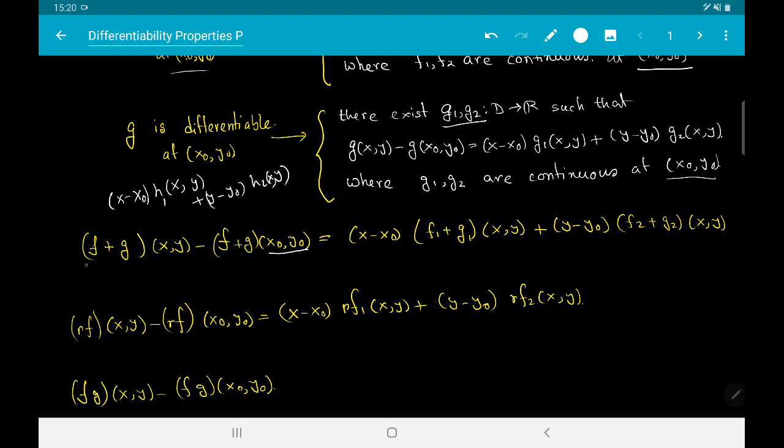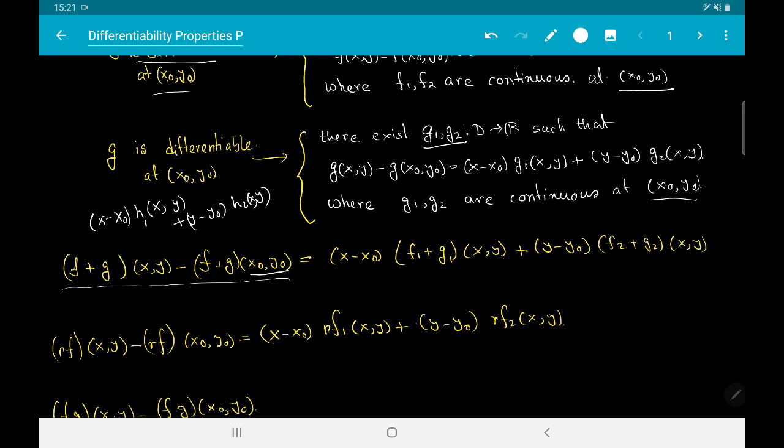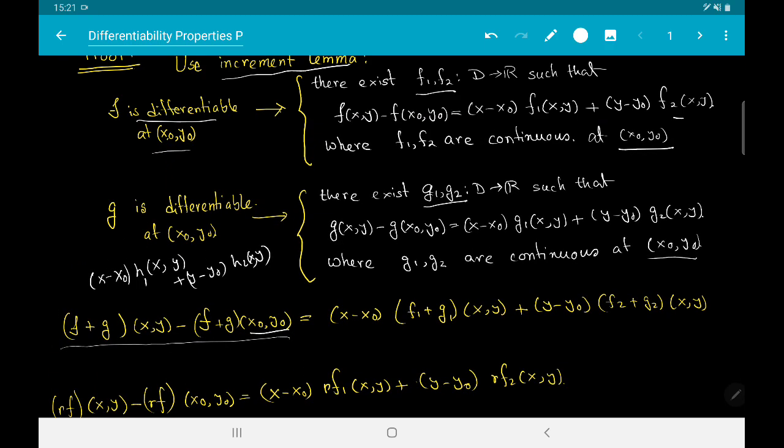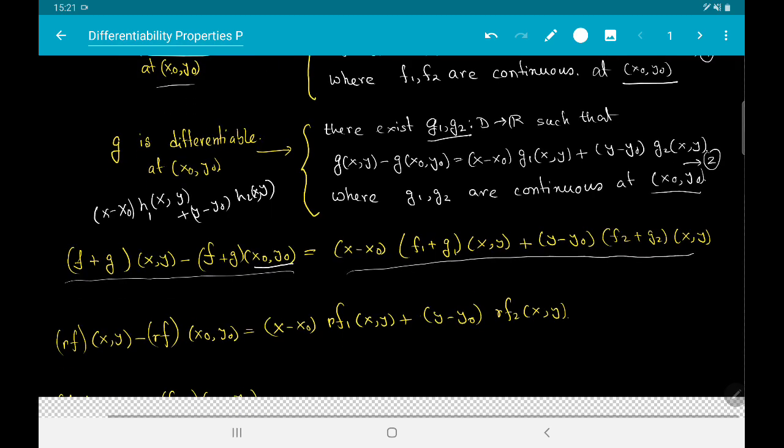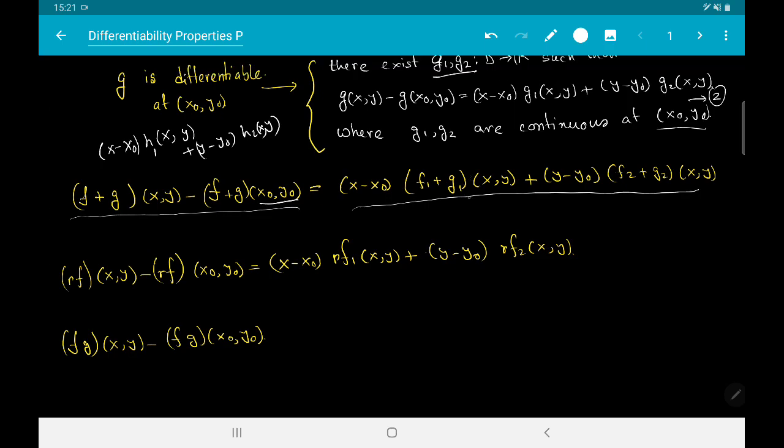So we have to express this difference in this form where h1 and h2 have to be continuous at the point x0, y0. But it is easy to see using the above two equations. If I call this 1 and call this 2, and just add these two things up, then I immediately get a form like this. And you see that f1 and g1 are continuous at the point x0, y0.